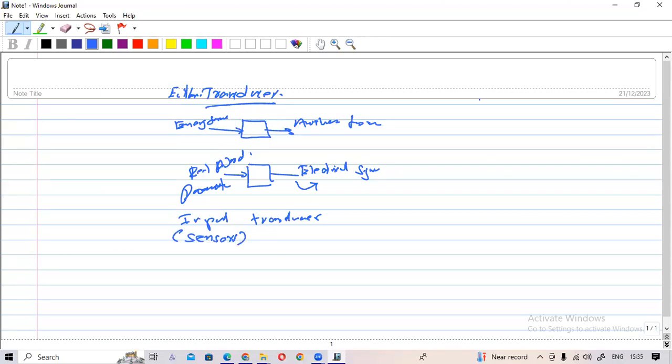Sensors. Okay, there is another type of transducer. We call them output transducers. What is an output transducer?